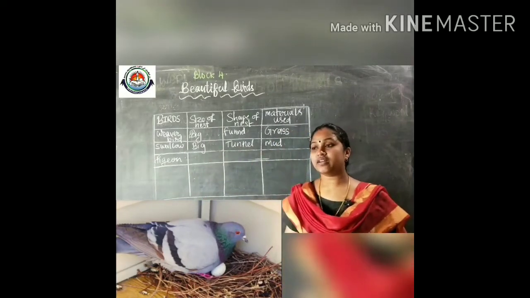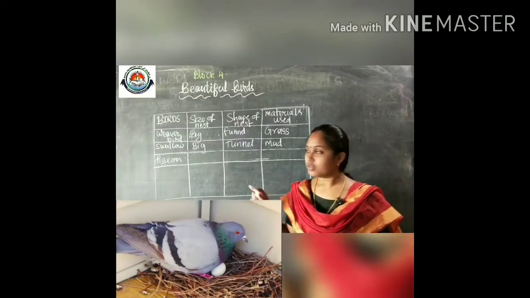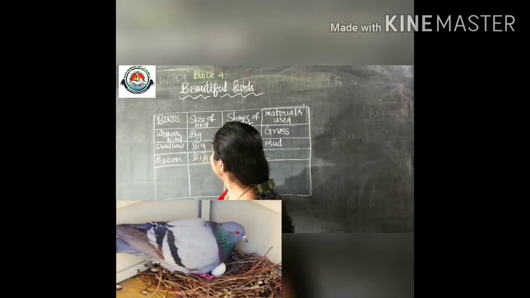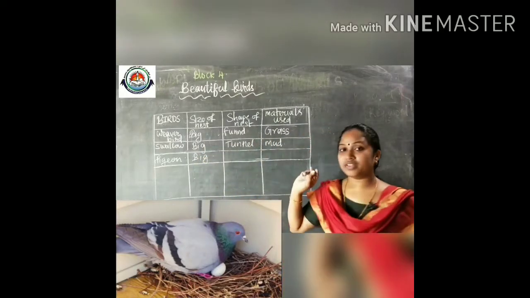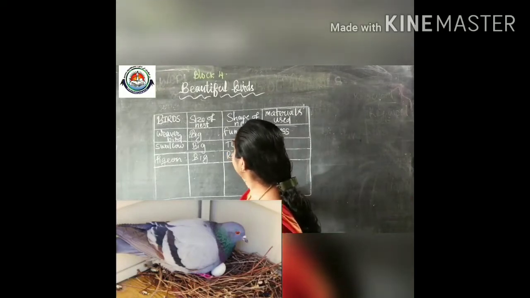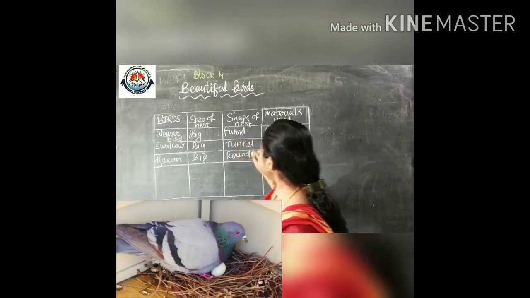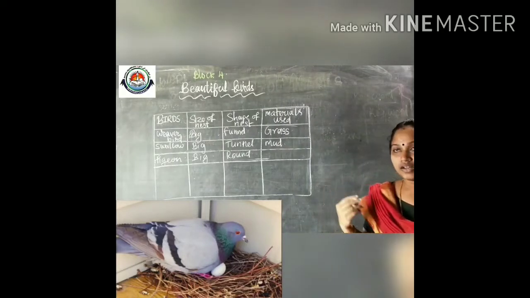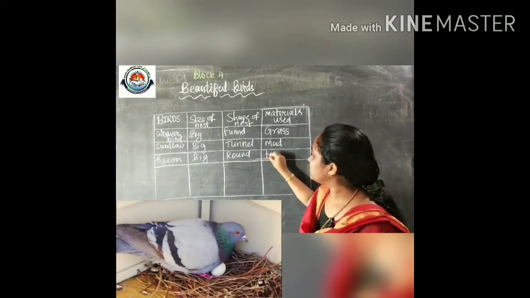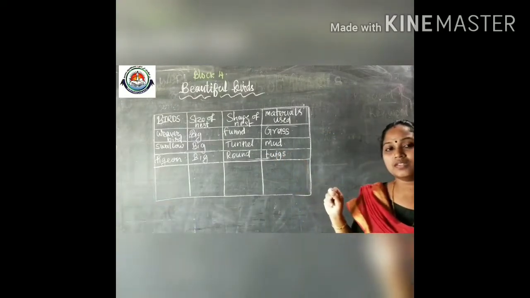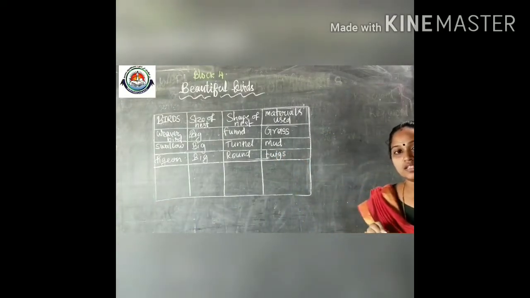The size of their nest is big. And shape of the nest we saw, just like a round shape. And what are they using to make their nest? They are using twigs. Twigs means small branches of the trees and plants.